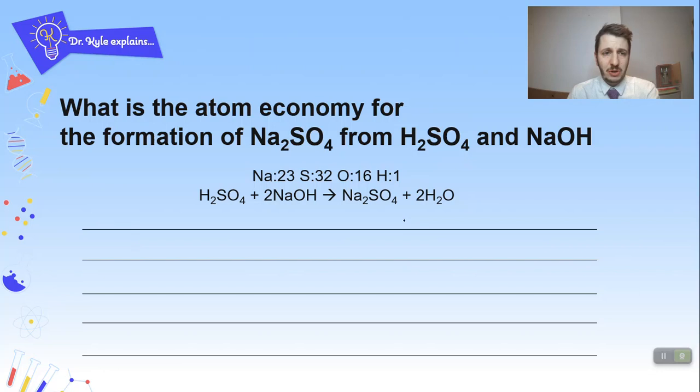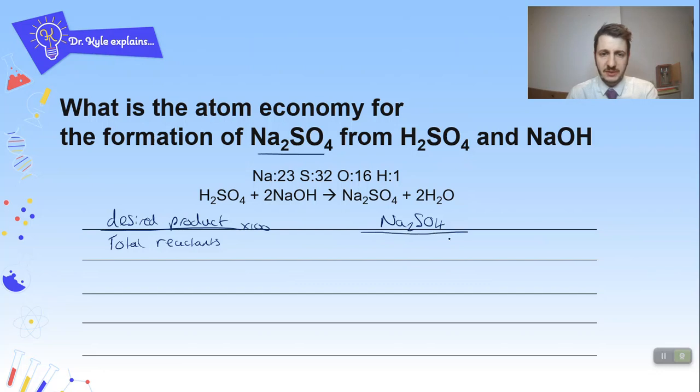What is the atom economy for the formation of Na2SO4 from H2SO4 and NaOH? So, desired product over total reactants, times 100. Here I'm going to form Na2SO4, that's what I'm making. Remember, you can pause the video and have a go at this before I tell you.